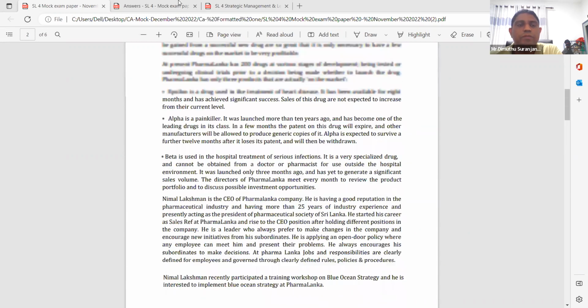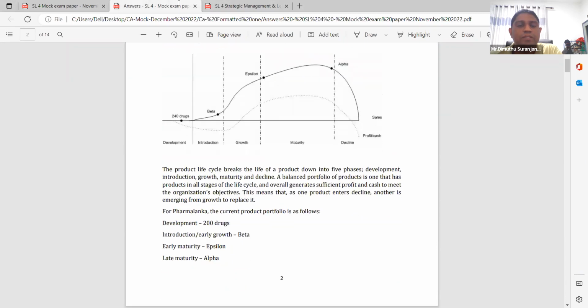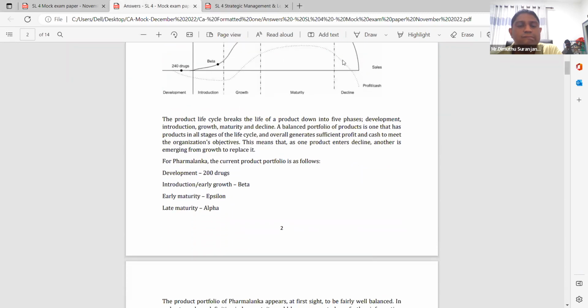So shall we look at what the examiners say on this? The 200 drugs in development, we also identified that part. Epsilon, we identified maturity. Don't worry about early maturity or later maturity. You can just say maturity, right?